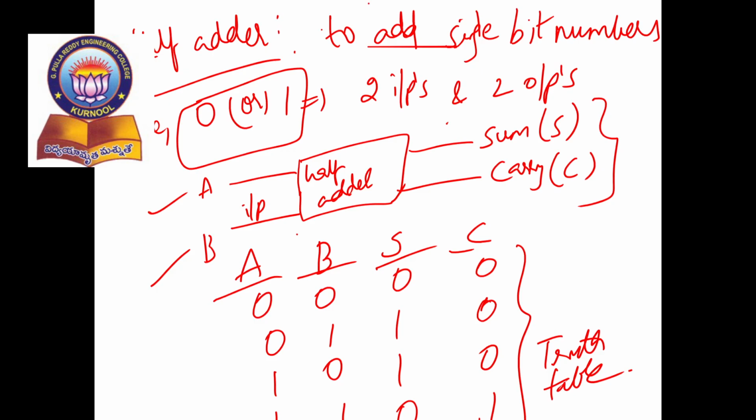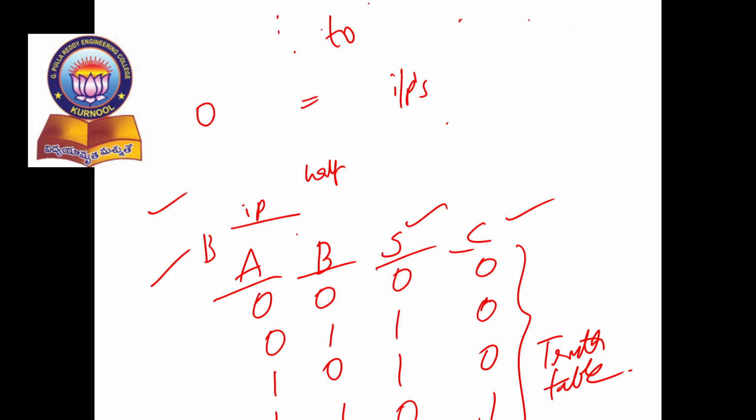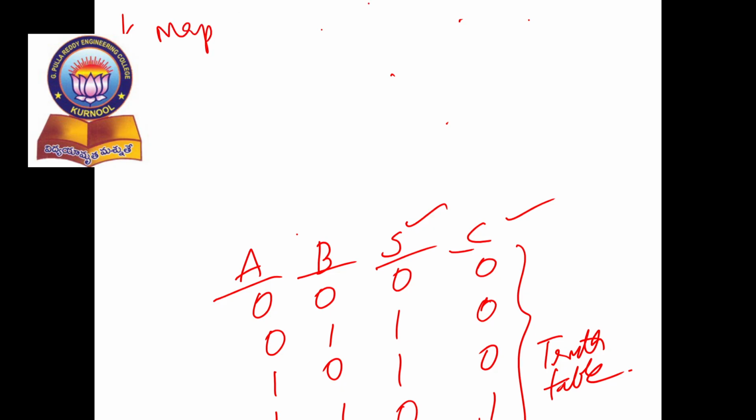Next, based on this truth table, we have to draw the K map, for the sum and also for the carry. First draw the K map for sum and next the K map for carry.